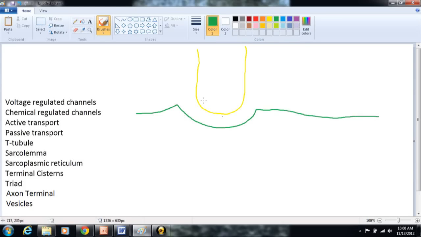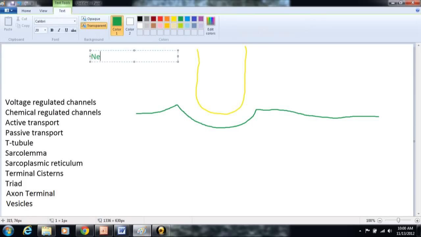And all of this together is called the neuromuscular junction. Okay, so that's the big picture. That's everything. And if you break that apart, you have a neuron and you have a muscle cell, neuromuscular junction.